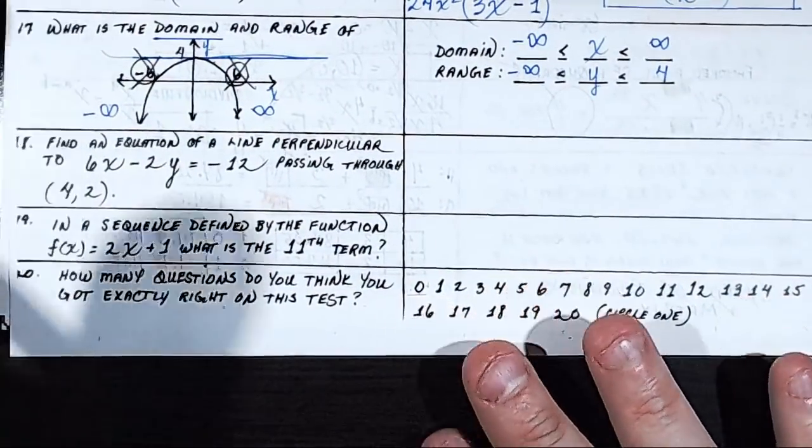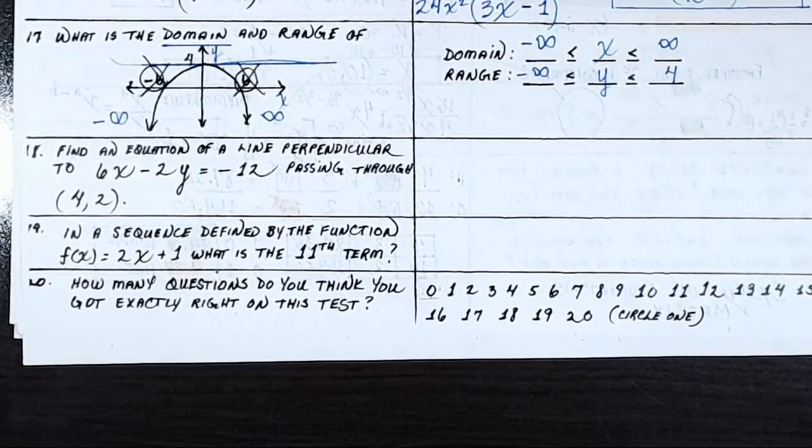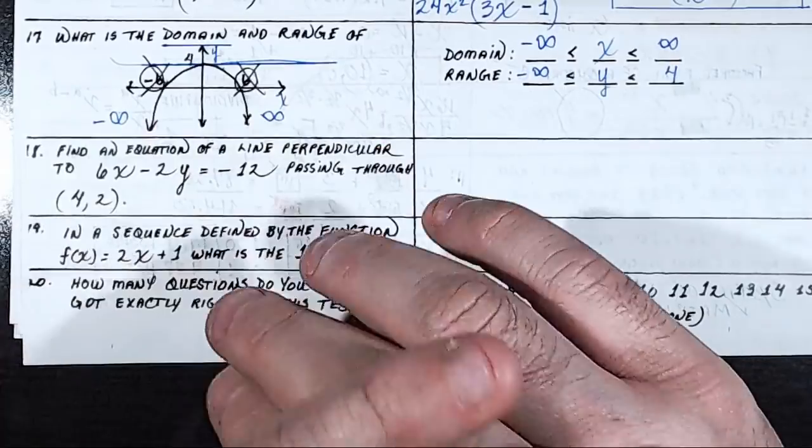Number 18. Find an equation of the line perpendicular to 6x minus 2y equals negative 12 passing through (4, -2). Okay, this is an old school algebra problem. What we need is to take our time and think about what we're doing and just solve this thing out.